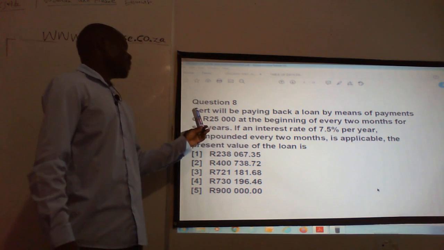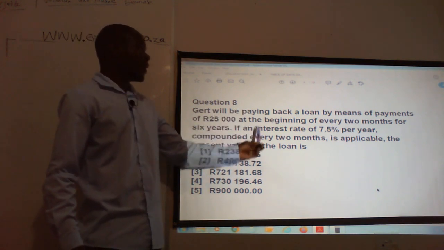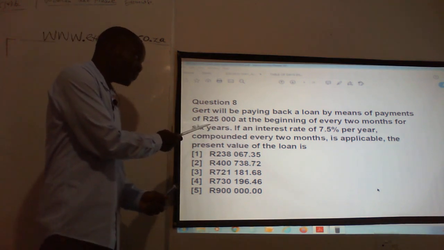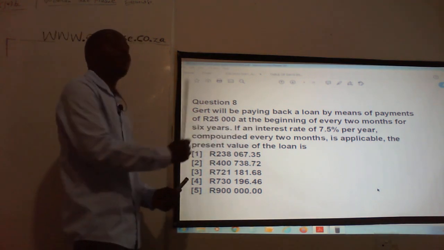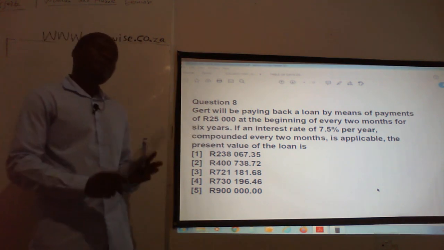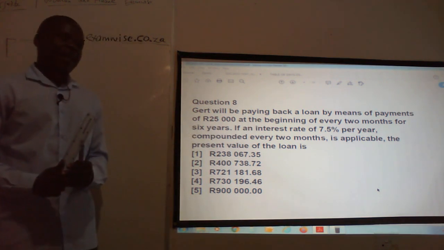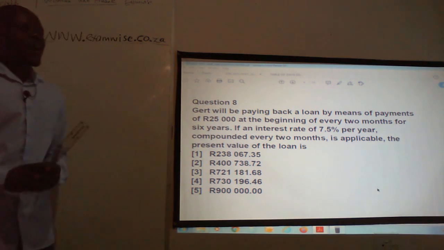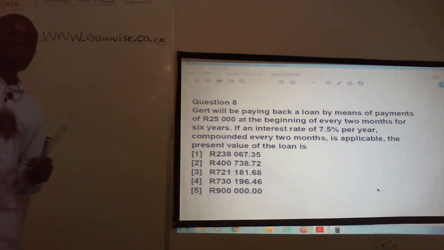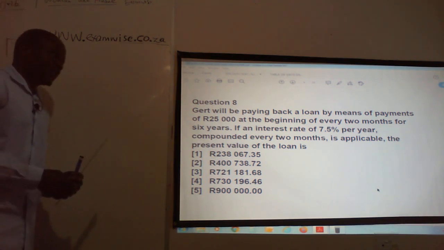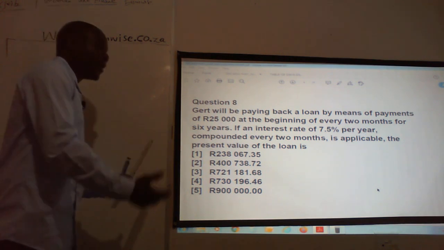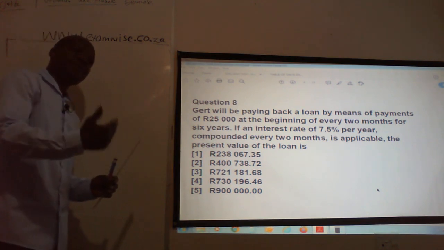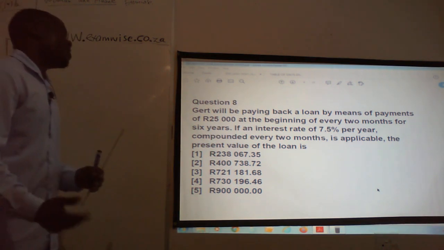Here they said Jetty will be paying back a loan by means of payments of 25,000 at the beginning of every 2 months. Are you seeing that they brought back the concept of an annuity? 25,000 paid at the beginning of each and every 2 months.